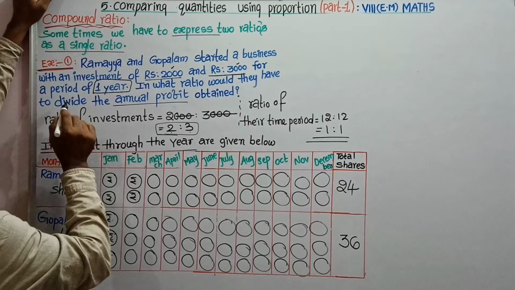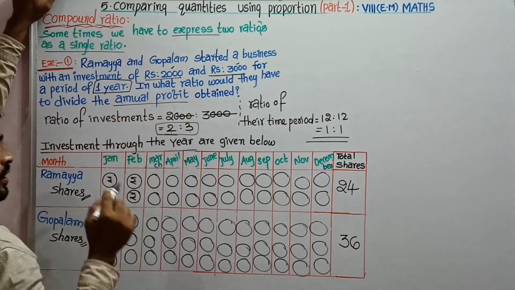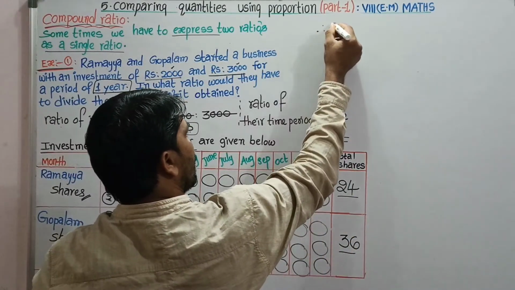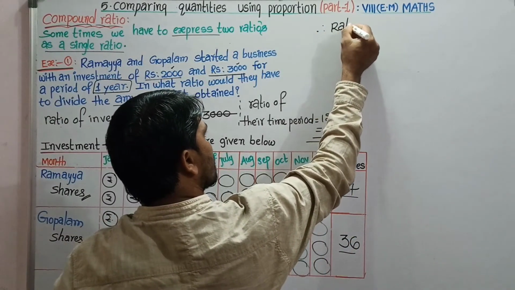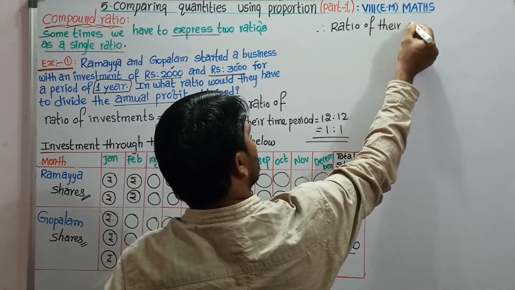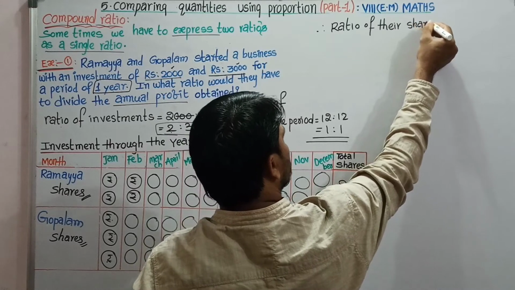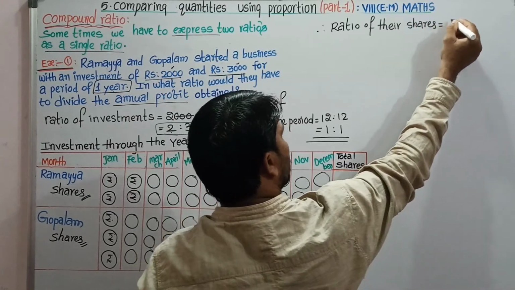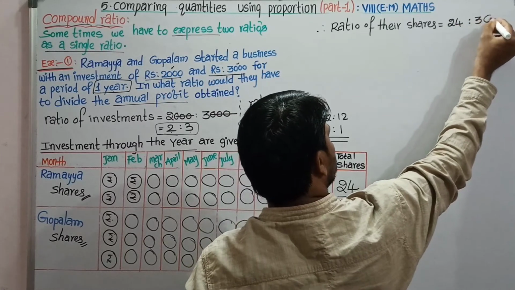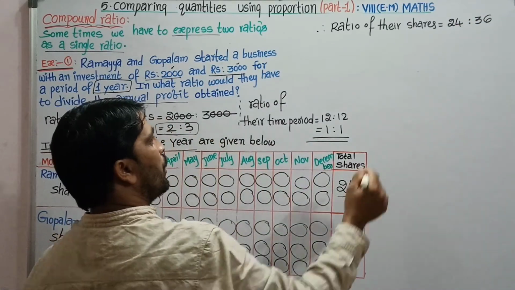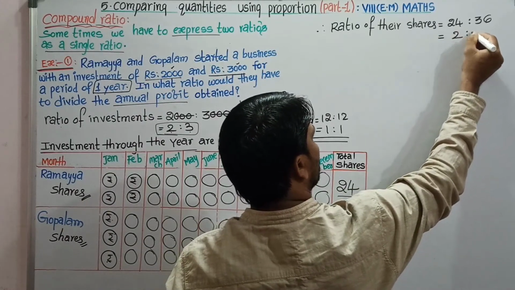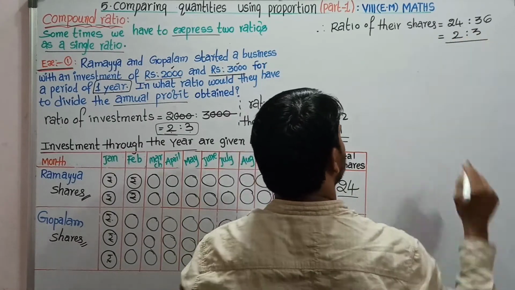Yes, they will divide their profit in the ratio of their shares. So consider the ratio of their shares. Ramaya's share is 24 units and Gopalam's share is 36 units, that is 12 twos are 24, 12 threes are 36, which is equal to 2:3.